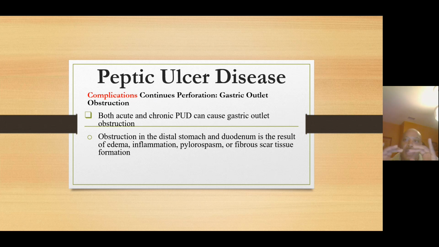So if the obstruction is around that pyloric sphincter, you can put a device in that area and inflate the balloon and it'll dilate the pylorus, and of course then food is able to transition from the stomach to the duodenum. Also, surgery may be needed to remove scar tissue, which can develop either from surgery or because of all the destruction from the hydrochloric acid and those other chemicals, if you will.